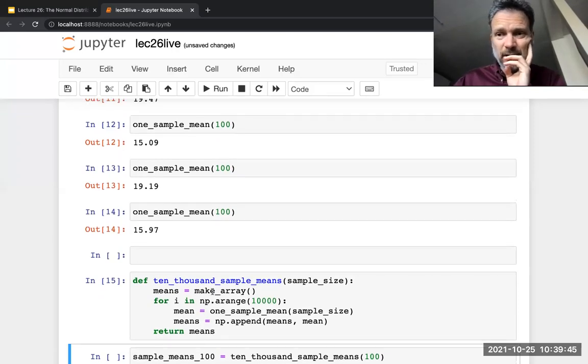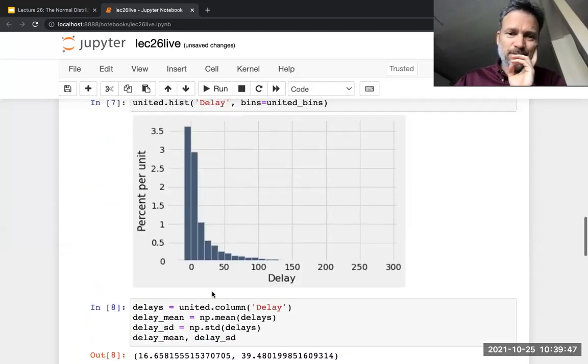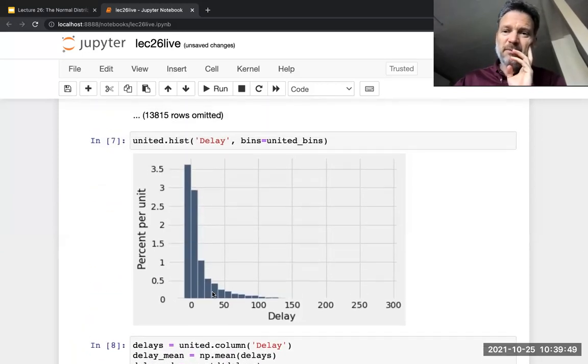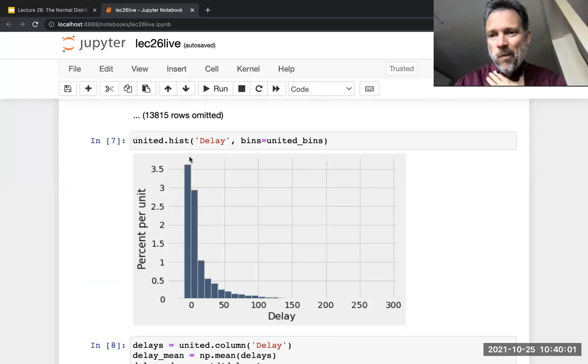But before I do, a quick question. The distribution of sample averages should have about the same shape as this histogram here, true or false? False, not necessarily.